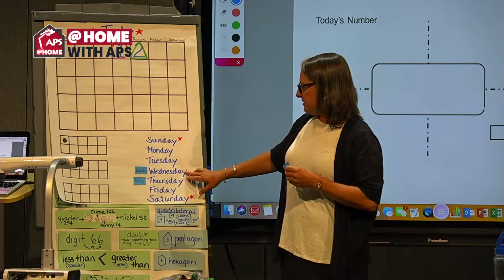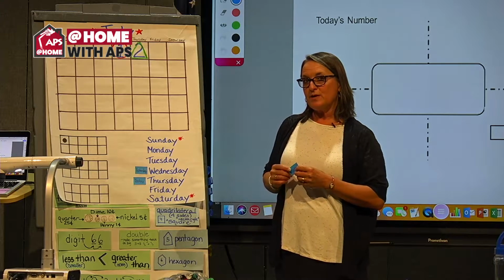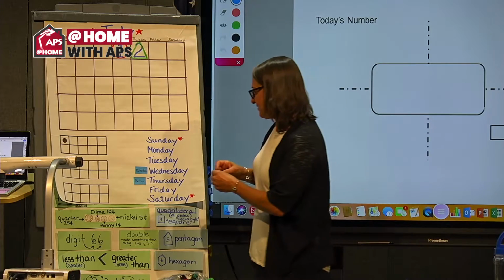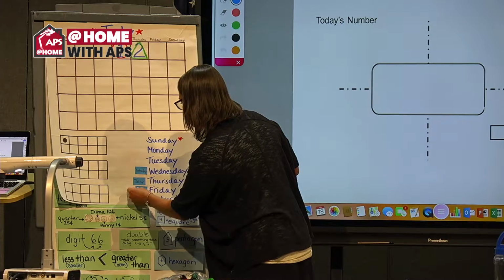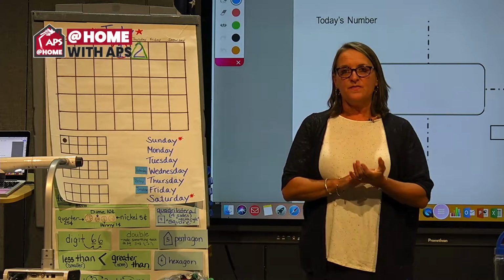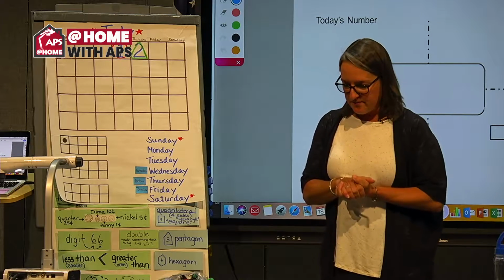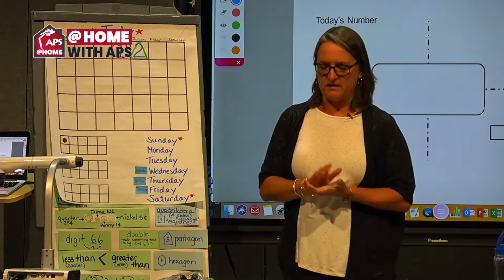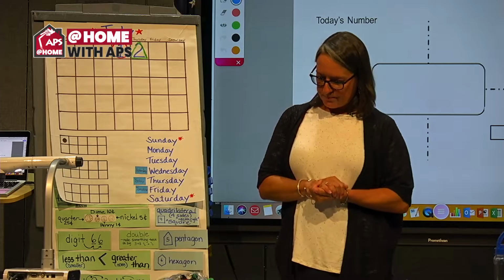And yesterday was Wednesday, today is Thursday. What's tomorrow? That's right, tomorrow is Friday, and that's a happy day for lots of us because it means we're getting ready to start the weekend, and maybe we have some fun things that we can do on those days off with our parents or our helpers at home.